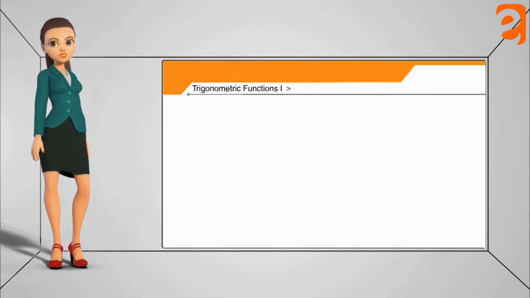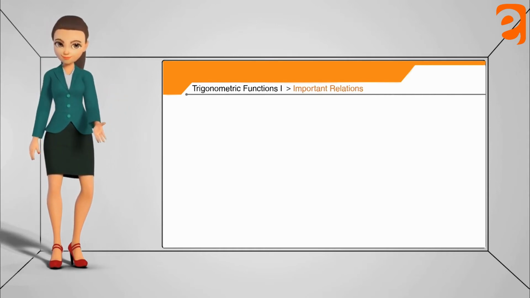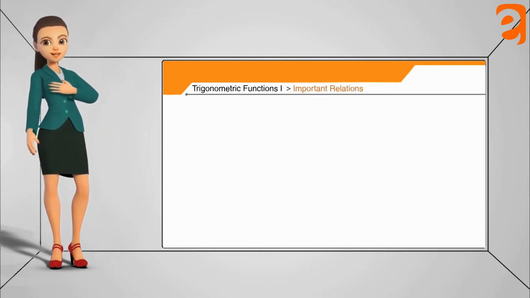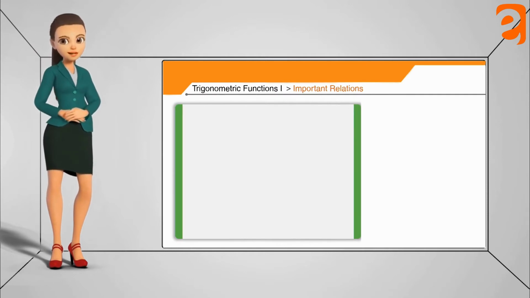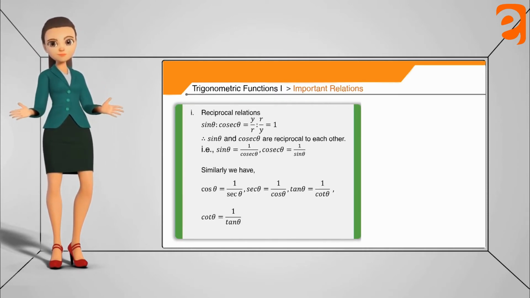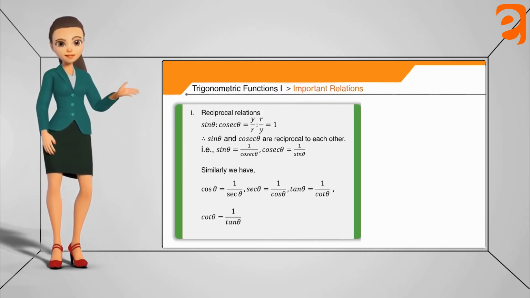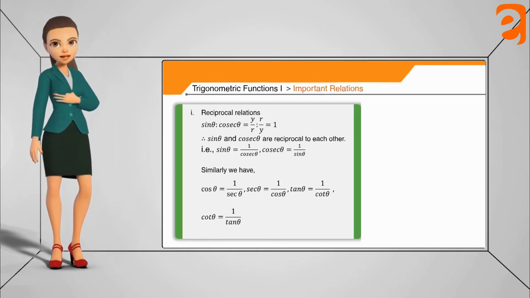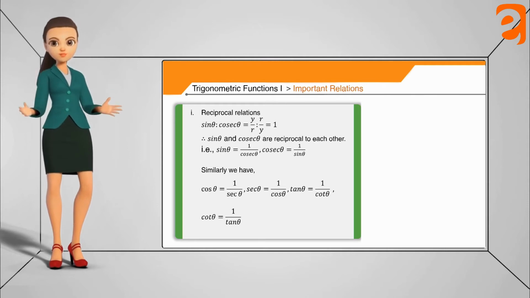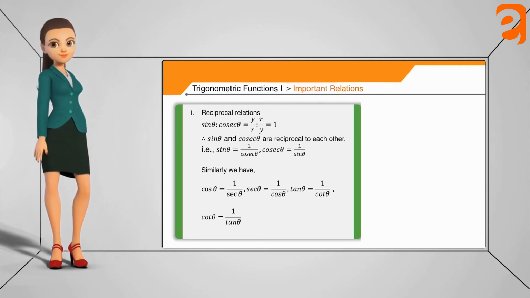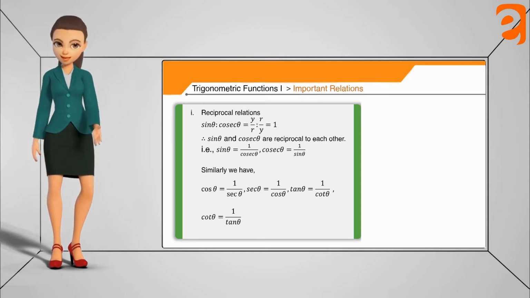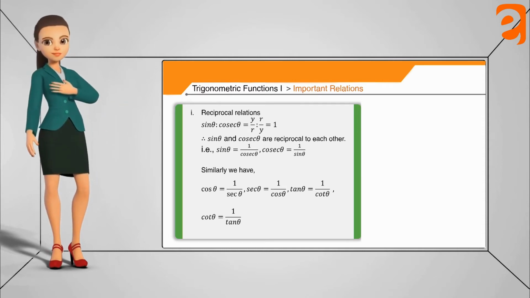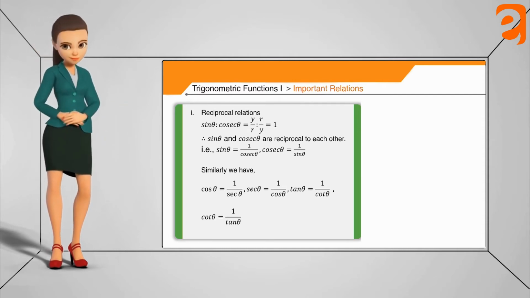So knowing all these 6 trigonometric functions, let's study some important relationships between them. The first relationship says, if you take the product of sin theta and cosecant theta, it is going to be 1. How? You know that sin theta is perpendicular by hypotenuse, so this is y by r. Cosec theta is hypotenuse divided by perpendicular.